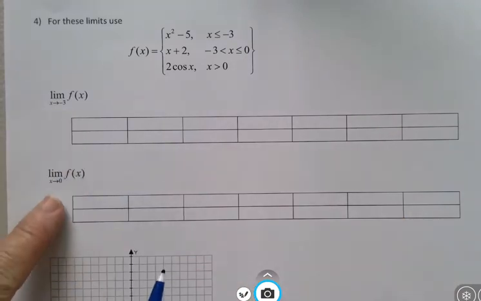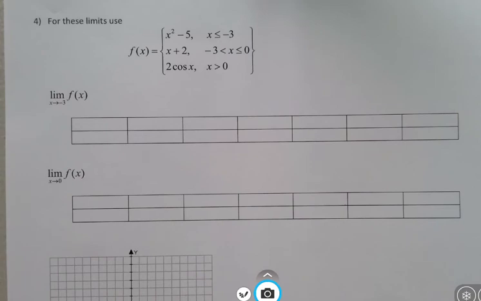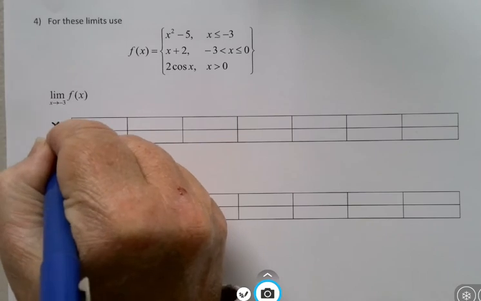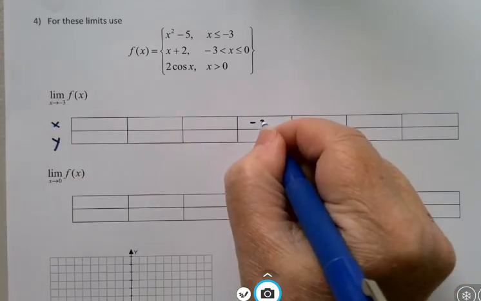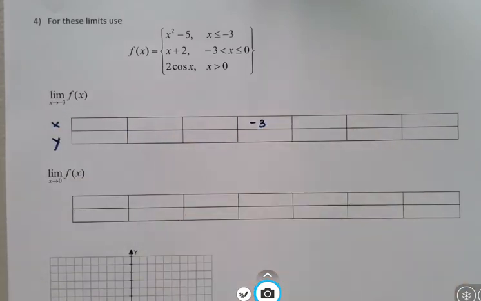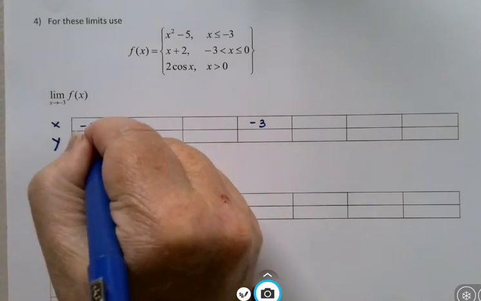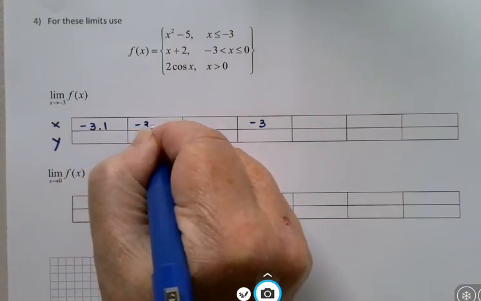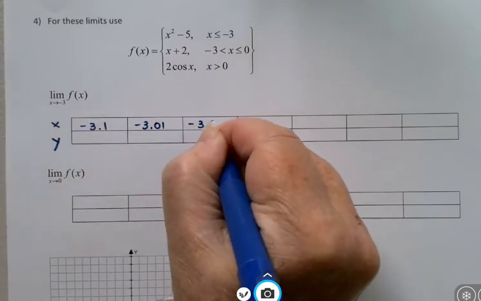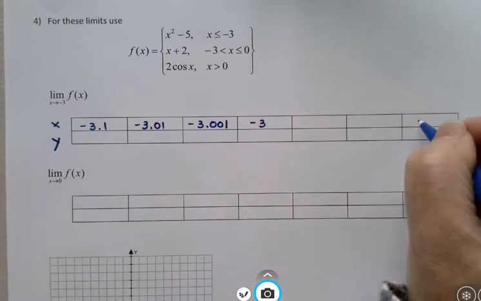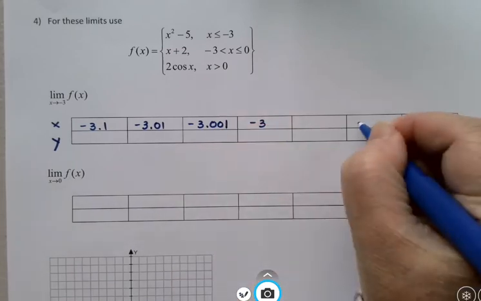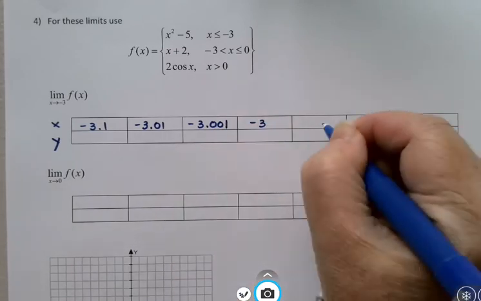So that's where we're going to look for the limits, at -3 and at 0. Since right now we are using a numerical method, I'm going to approach this exactly the way that we did before. If I want to approach -3, let's approach from both the left and the right: on the left side of -3, getting closer and closer, and on the right side of -3, also getting closer and closer.